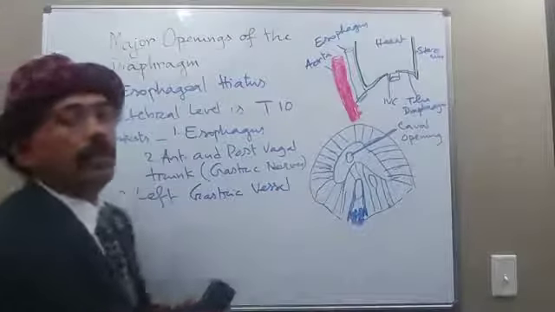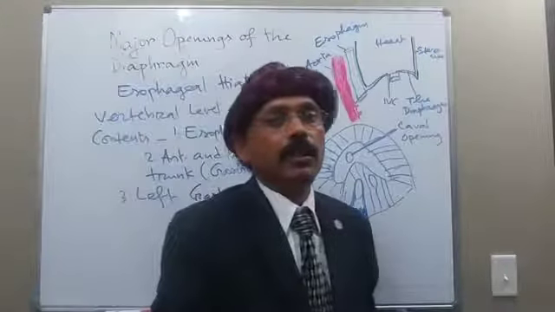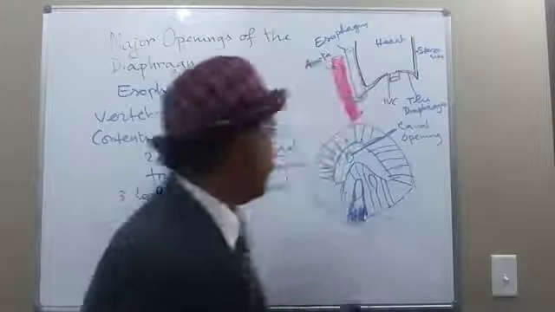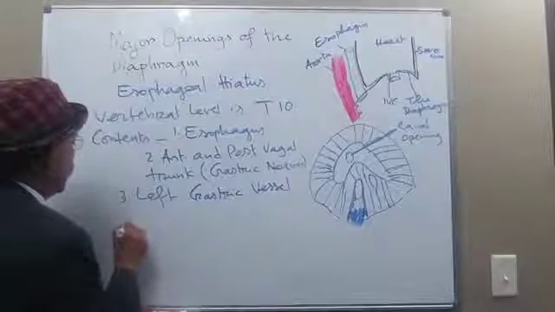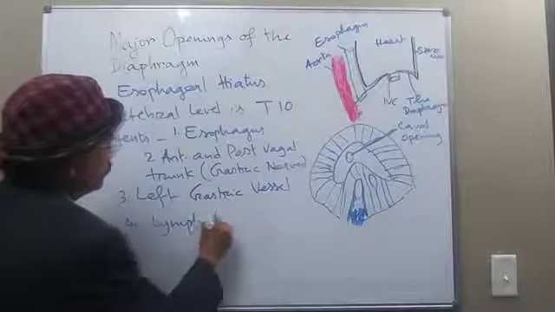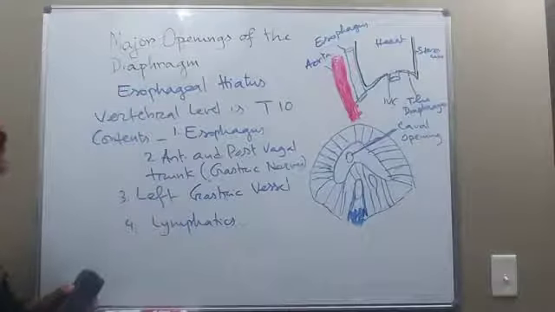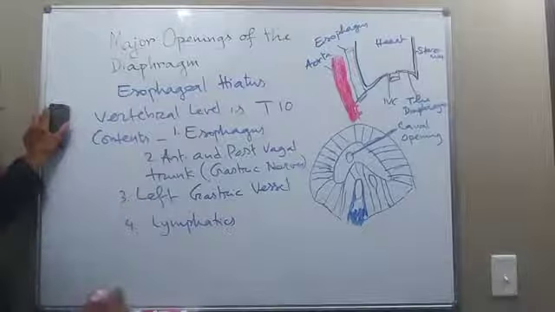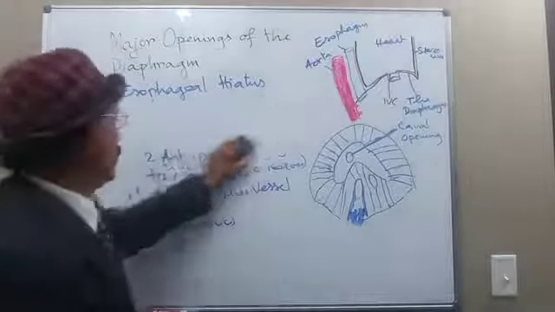Left gastric artery is a branch of the celiac trunk. Left gastric vein is a tributary of the portal vein. Then certainly lymphatics. So these are the contents of the esophageal hiatus.